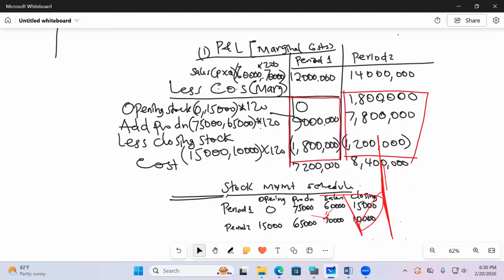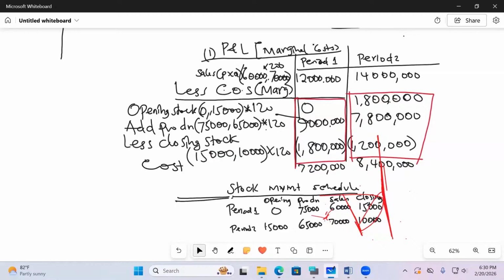Now, having gotten this cost of sales, what are we going to do with this cost of sales, my friends? We less it from sales. And once we less it from sales, what name shall we give the figures? Gross contribution. You are very good.